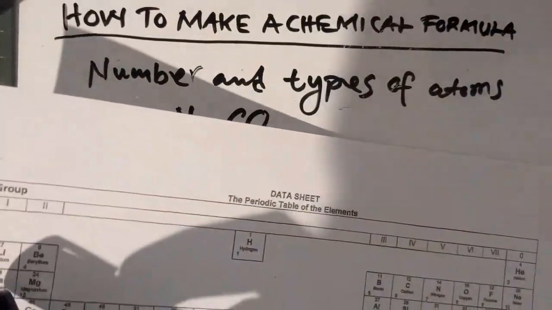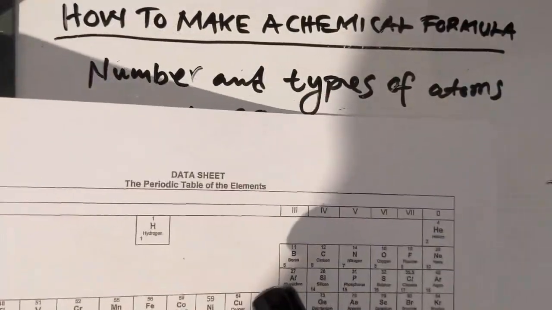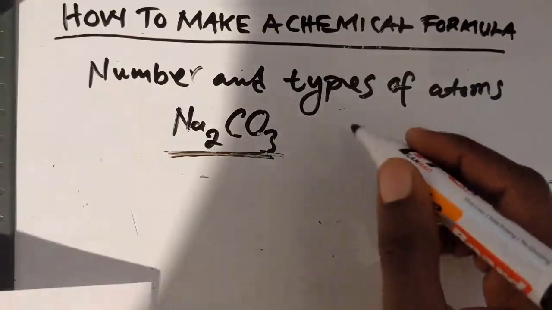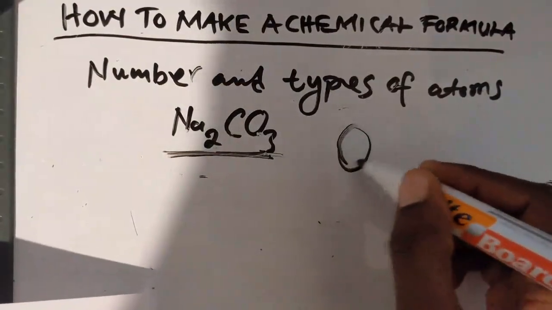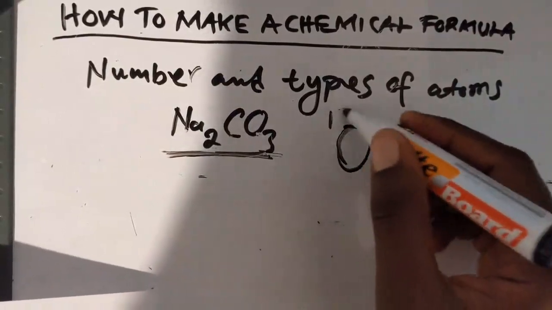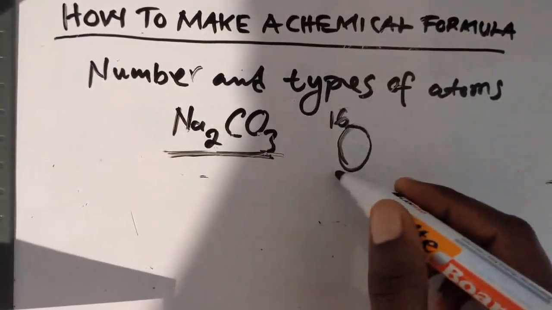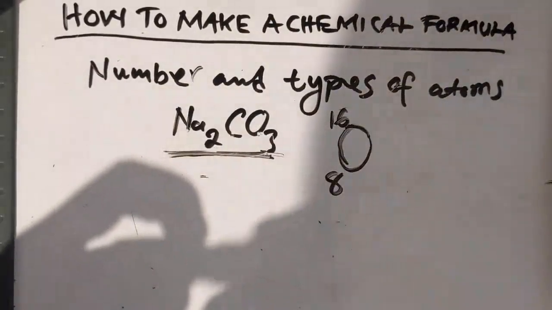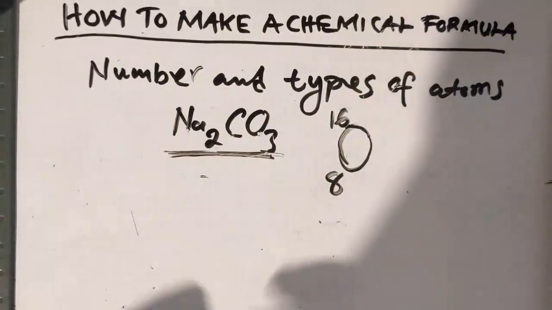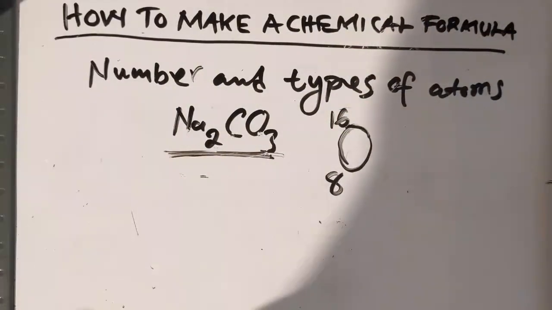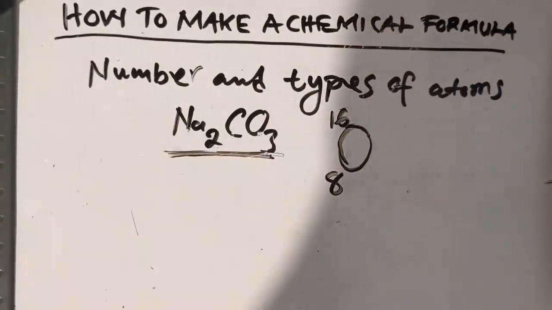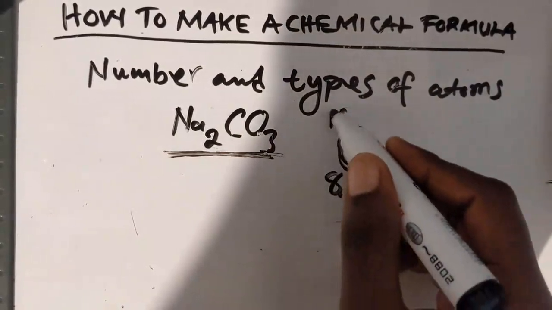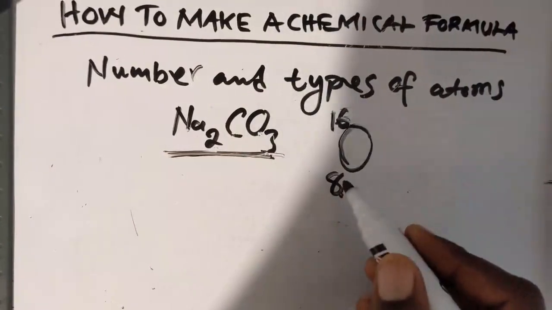Lithium is too simple. Let me just pick oxygen. The way oxygen is, there is 16 here and there is 8 there. During bonding, you learned that this is the proton number and this is the mass number.